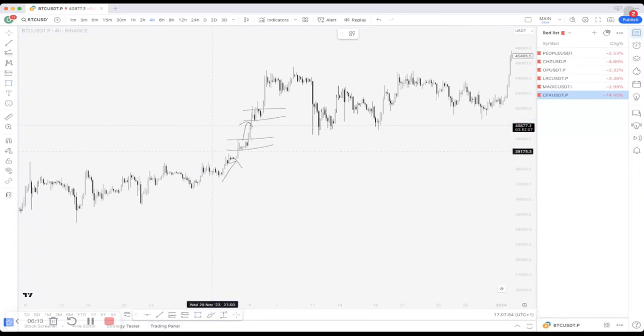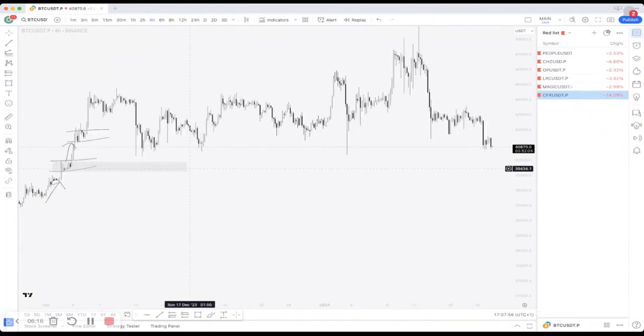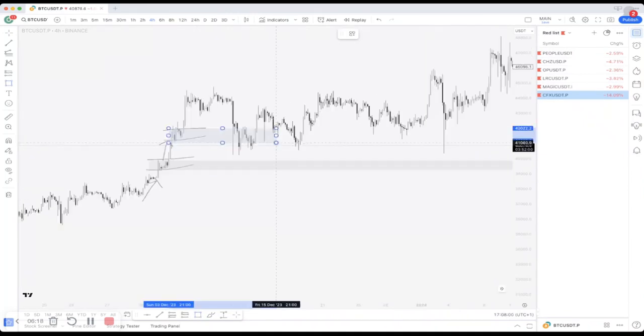So we have this demand zone, and we have this.